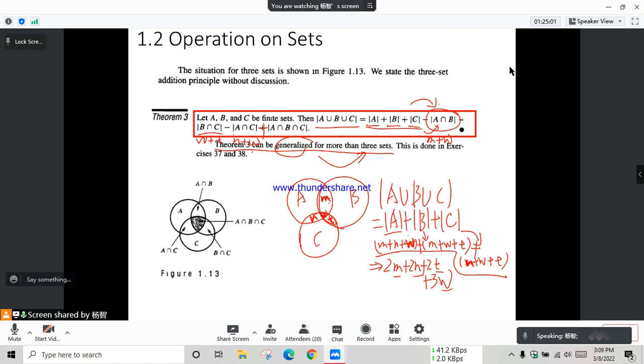So when you subtract these three, you subtract MW, TW, and NW.